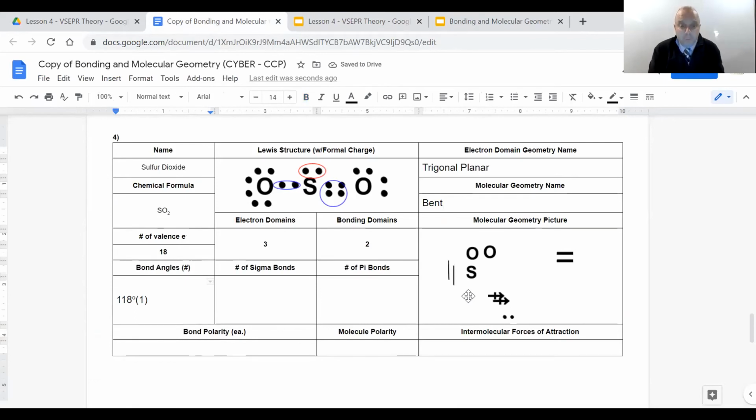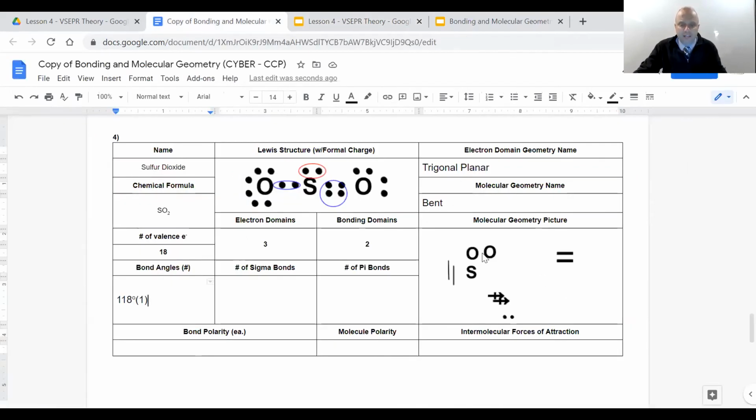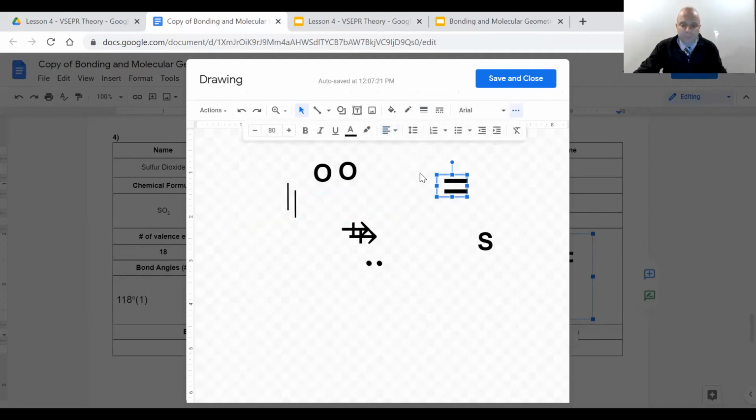Okay, for the next part, we are going to make our molecular geometry picture look like this picture. So we're going to have a bond up, a bond down and to the right, and then a pair of electrons down and to the left. And it doesn't matter where our double bond goes. It's either going to be the one that's up or the one that's down and to the right, but it doesn't matter which one you choose.